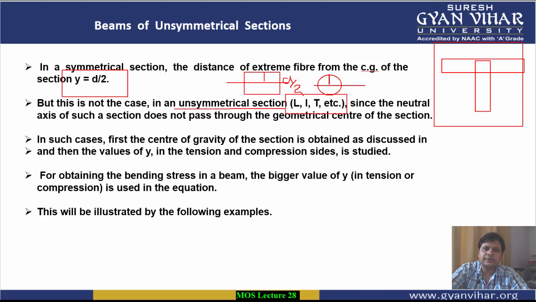These are unsymmetrical sections, since the neutral axis of such sections does not pass through the geometrical center of the section. In such cases, first the center of gravity of the section is obtained, and then the value of y on the tension and compression sides is studied.